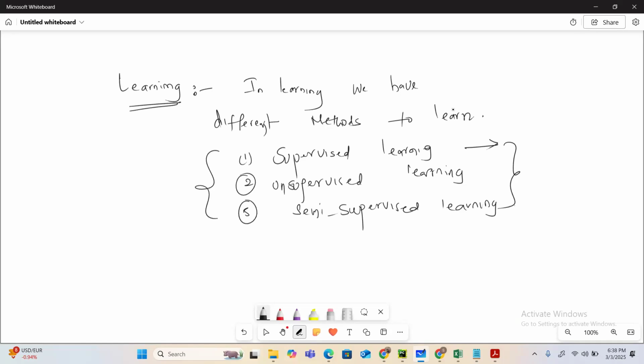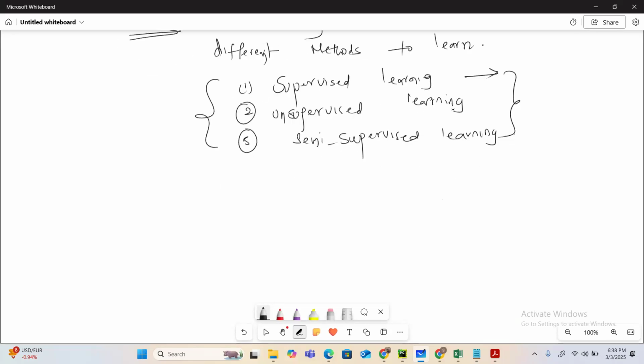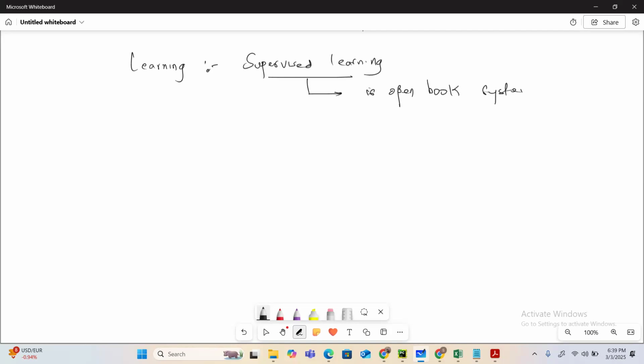Okay, good answer. First is supervised learning. Supervised learning is like an open book system. We have the story, and for the story we have questions.